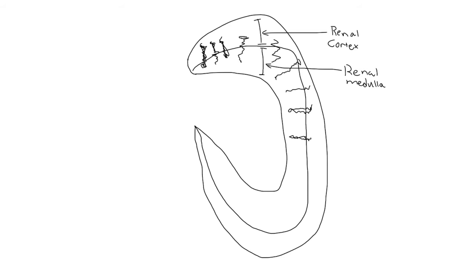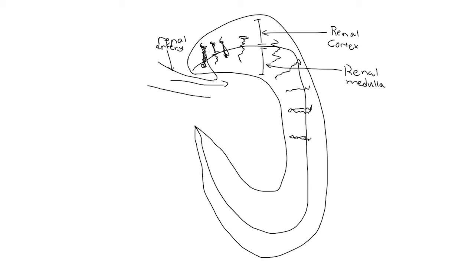Okay. So how do these nephrons tie in with the kidney's function? Well, when you have your renal artery, blood is going to flow in, and this blood is going to come out and around into the kidney.